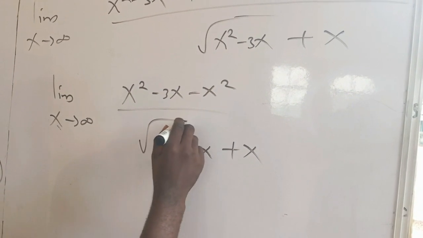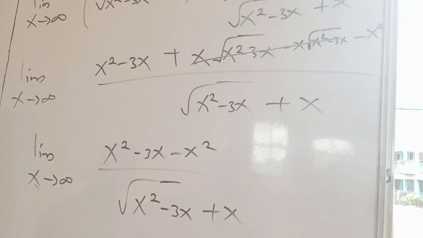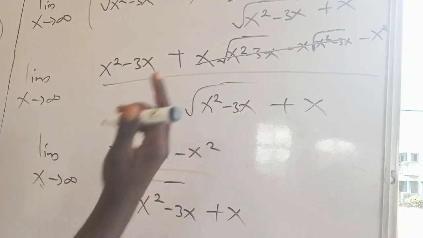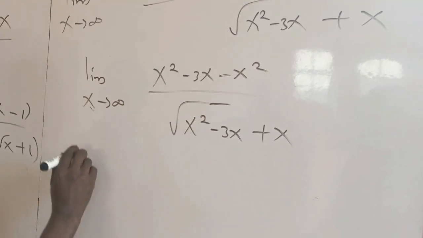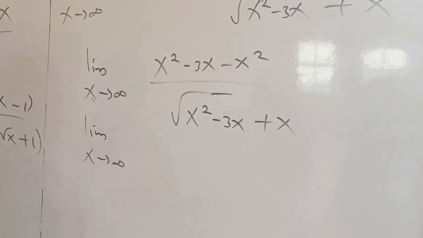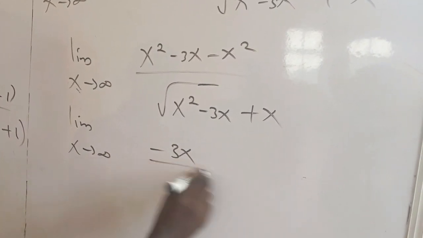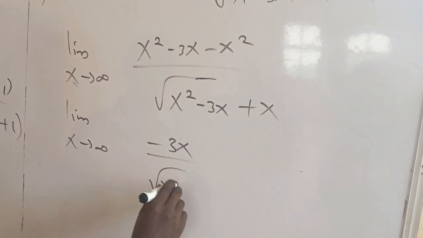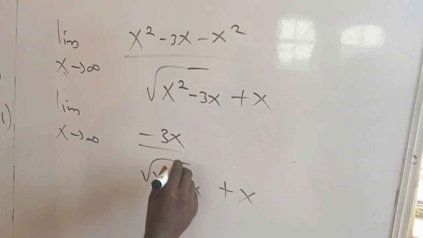That's what we are left with. Okay, so x squared minus x squared gives us 0, so we are left with the limit as x approaches infinity of minus 3x all over root of x squared minus 3x plus x.